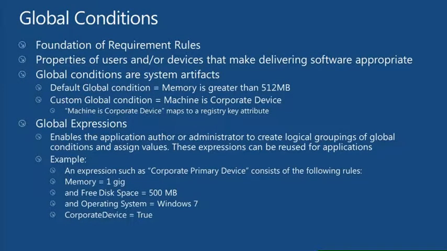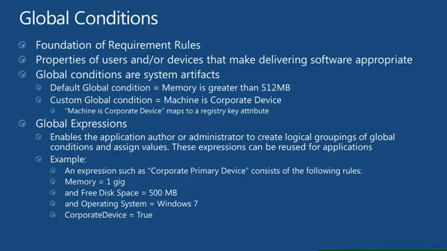Requirement rules are based on global conditions. I know there are a lot of these acronyms, names flying around. The concept is simple. You are defining requirement rules, prerequisites. We have made it simple for you by giving you global conditions. Think about them as templates. So these are the foundation of requirement rules. You create a requirement rule, you use global conditions.